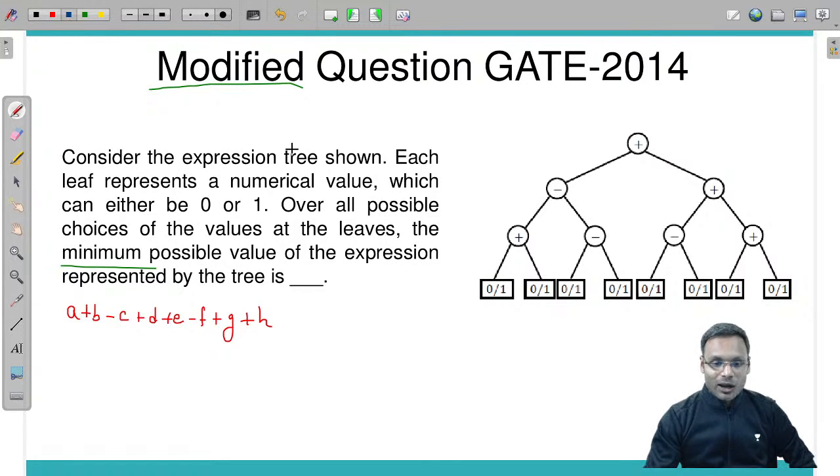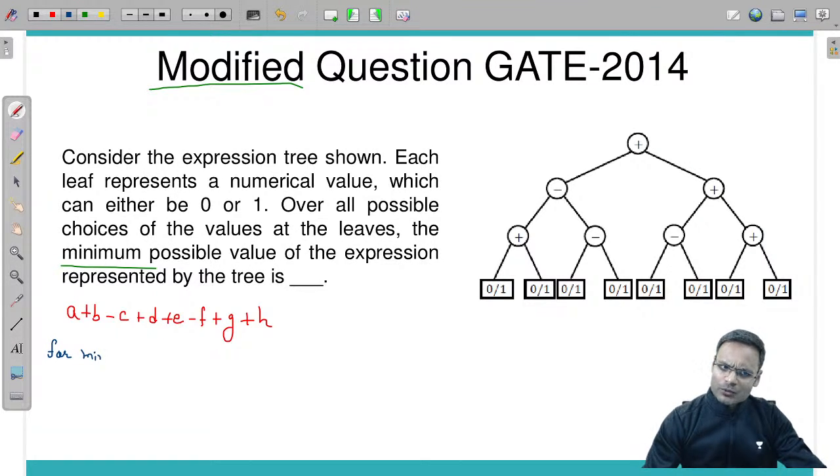क्या करें आप बताओ? अरे आप बताओ भैया क्या करें? What should I do in such case when I have all the variables which can take either 0 or 1 and I want this expression to give me minimum possible value? For minimum value, what I can do is take all positive 0.